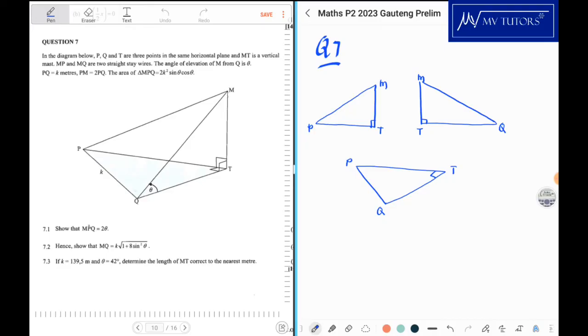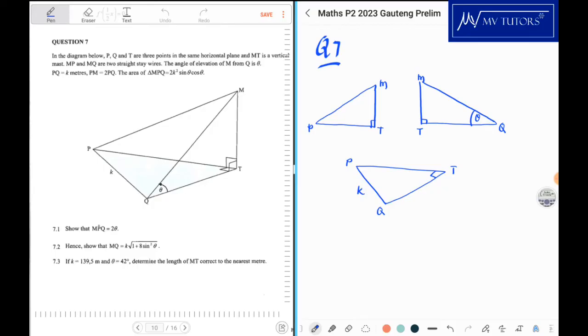So we have the angle of elevation, so theta from Q to MT. So this is basically where theta is. And then PQ is K meters. PM, yes, I see PM, it's twice PQ, and we know that PQ is K, so PM is 2K. And the area of triangle MPQ, ooh, that's another triangle that I didn't actually draw out.